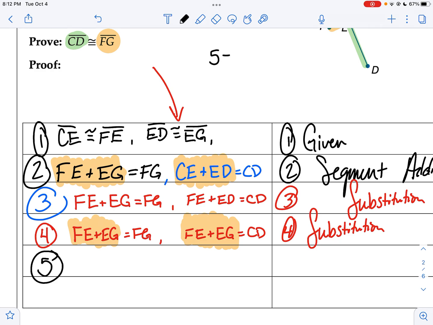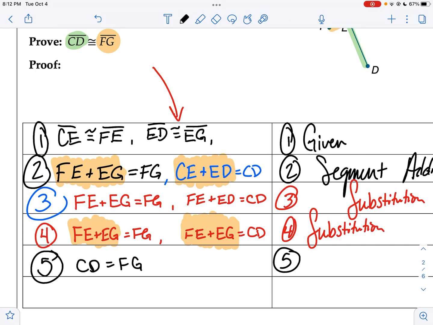Kind of like if 5 equals X and 5 equals Y, what do I know about X and Y? If they both equal that expression, then those two segments, FG and CD, should be equal. If the left sides are equal, then the right sides of the equations should be equal.